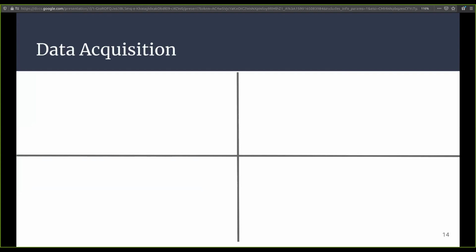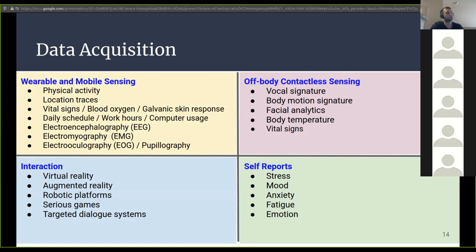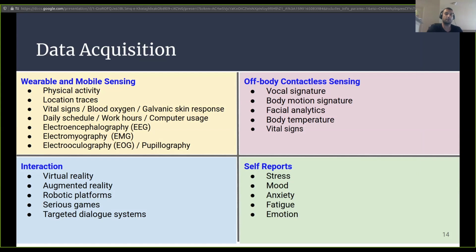So first of all, let's see how we can collect data. And there is a bunch of ways of doing that, each of them coming with their pros and cons. So there are wearable and mobile sensing ways of collecting data. There are off-body and contactless sensing, where we usually refer to different types of cameras, such as near-infrared cameras, thermal cameras, or regular cameras, and microphones. There is the medium of interaction itself, where it can give us valuable information about the way the subject interacts with the environment.